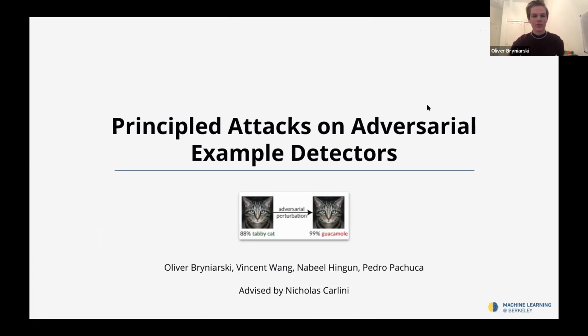So we're trying to hone in on a specific type of defense and come up with a more general attack framework, so that we can have a better metric in a lot of these papers, because some of these defenses claim to work really well, but they don't actually attack themselves very well, because that doesn't really help their claims. And we really want a better, more principled way to attack these defenses.